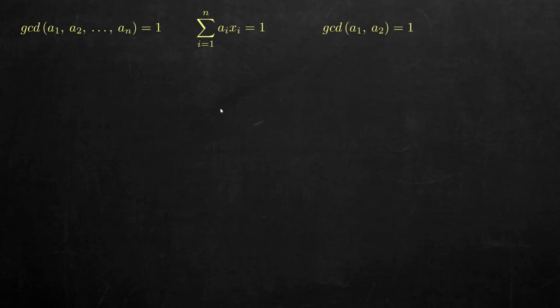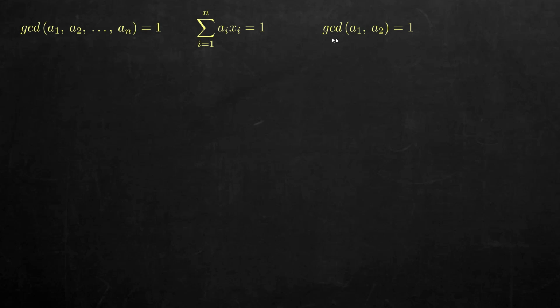This block matrix approach can be extended to more than 3 integers. If the GCD of A1, A2 up to AN is equal to 1, then there exist xi's such that the sum over i from 1 to n of ai times xi is equal to 1.